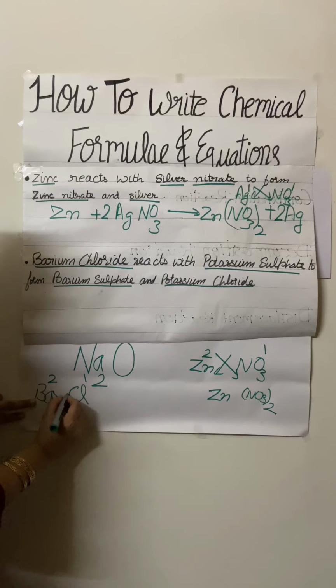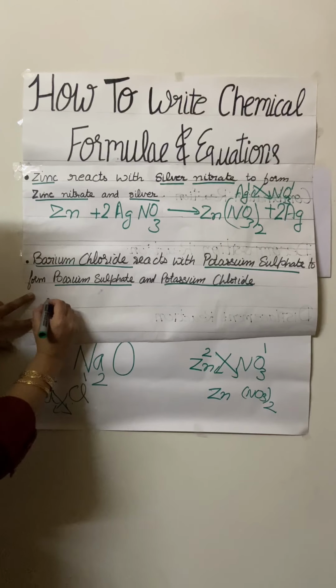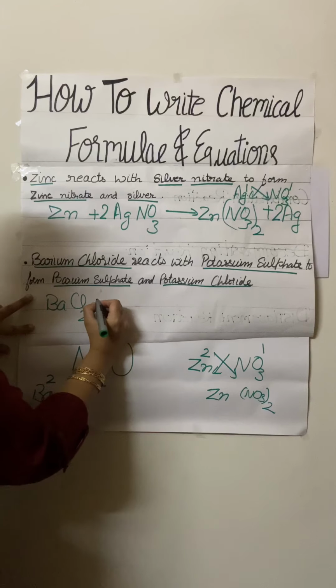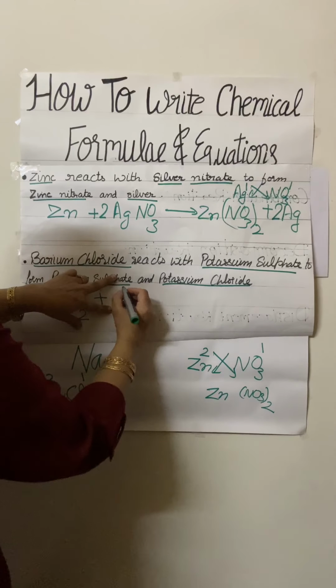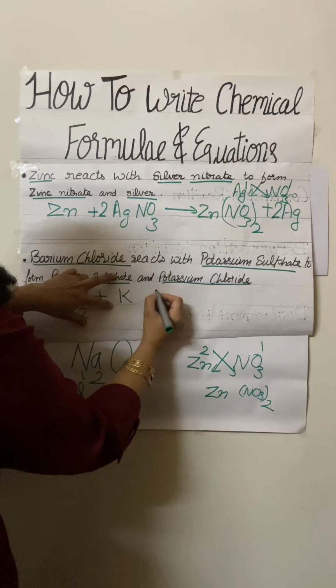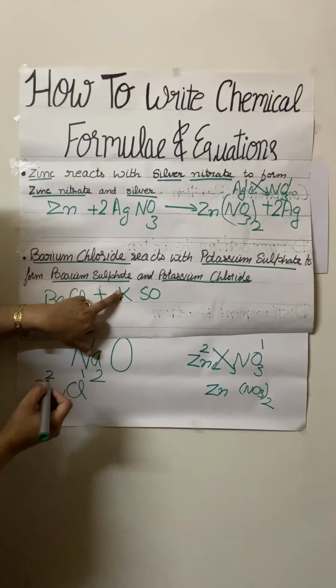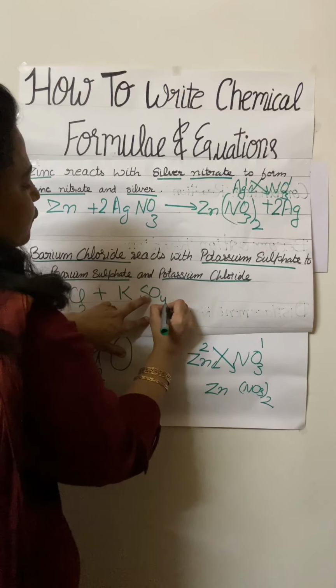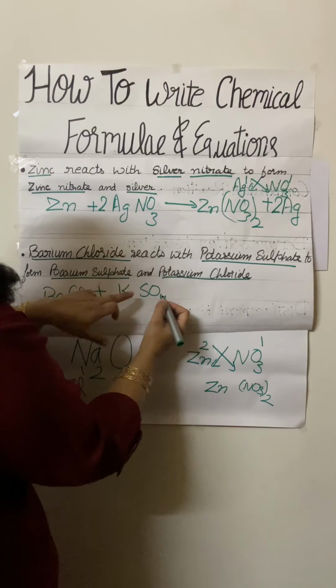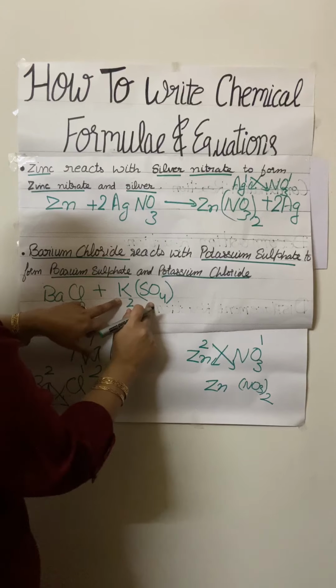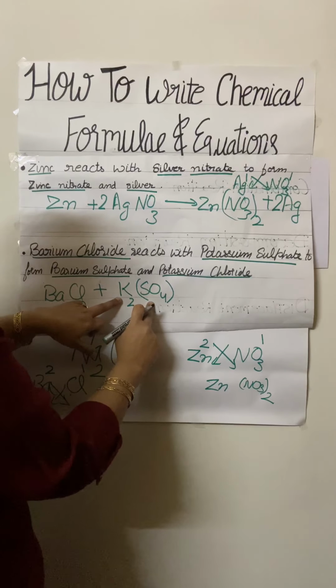So we get BaCl2. Barium chloride reacts with potassium sulfate. Potassium is valency 1 and sulfate SO4 valency 2. So we crisscross, we get K2SO4. This is the chemical formula for potassium sulfate.